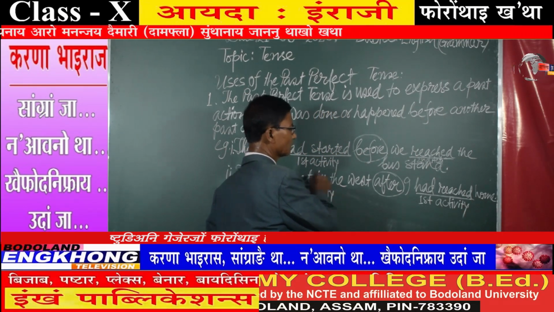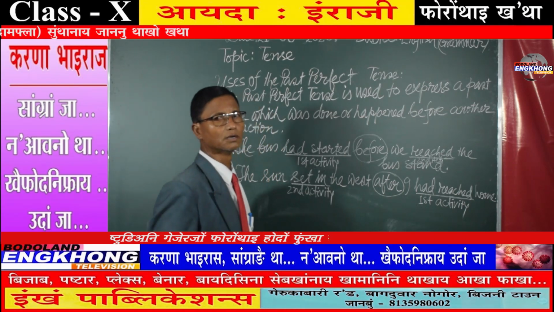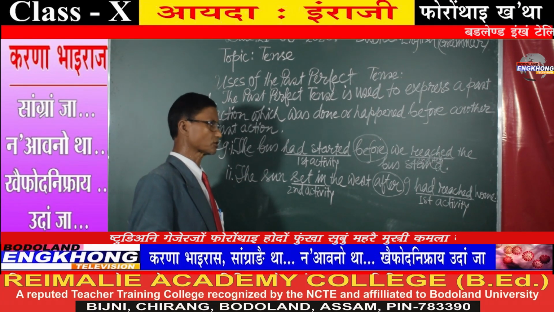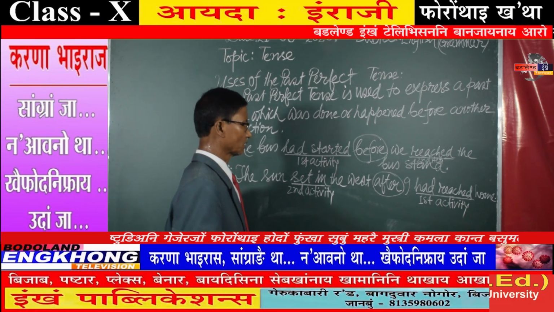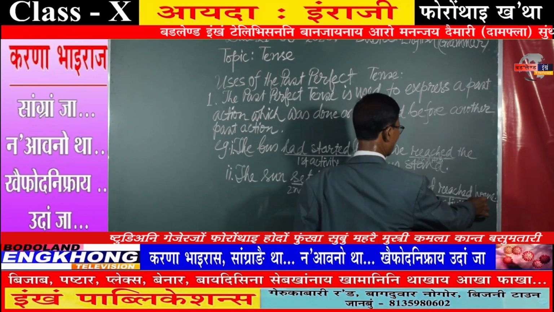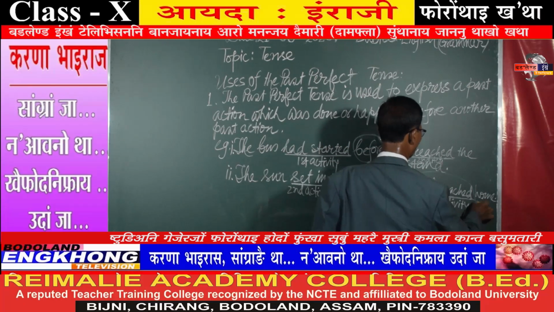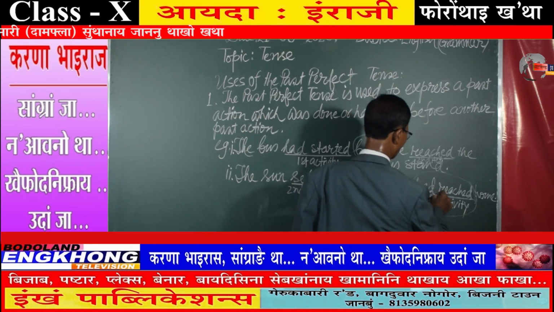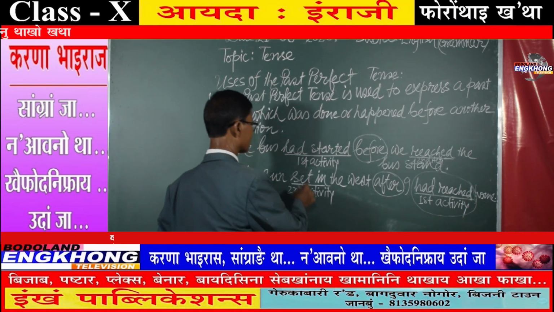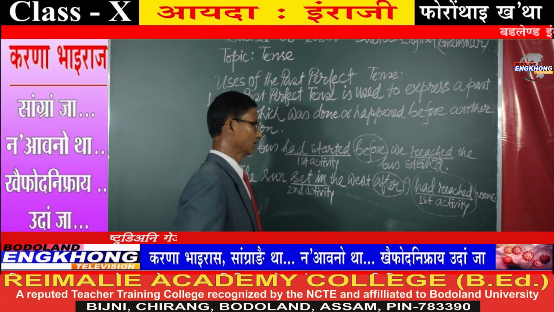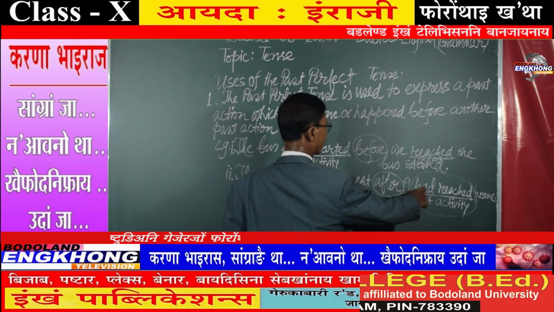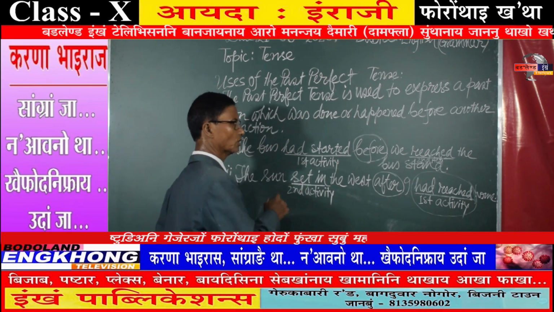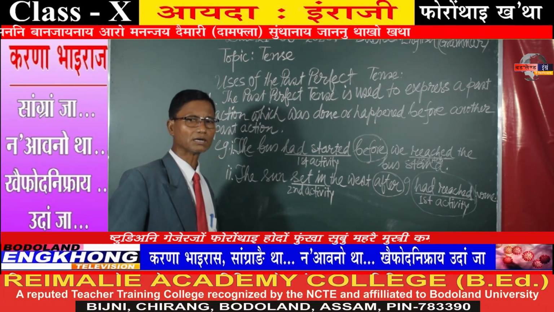Here it is past indefinite, here it is past perfect tense. So from this we have understood it. Reaching home happened earlier, before the sun set. So this is the first activity and has been expressed in past perfect tense, and this is the second activity, so it is expressed in past indefinite tense.